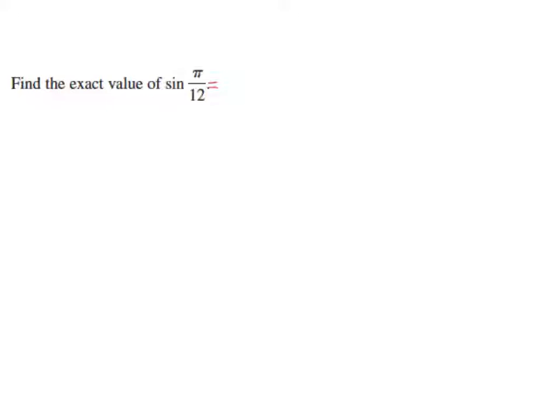The key here is, if I'm going to subtract them, I'm going to have to get a common denominator. So what denominators could I put together and get a common denominator of 12? 3 and 4. 6 and 4, 3 and 4. There's a couple of different possibilities.